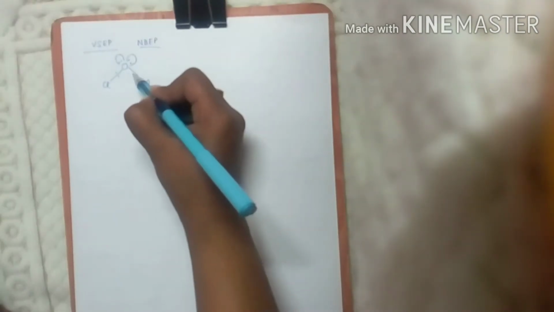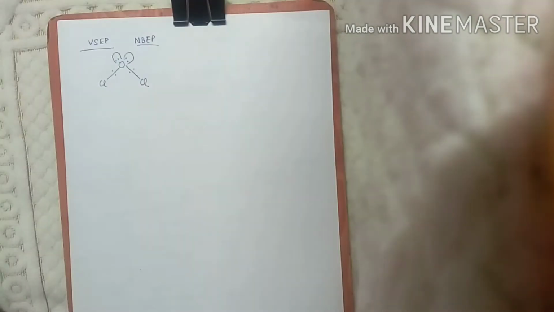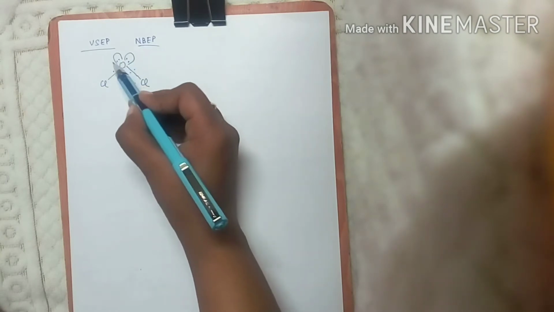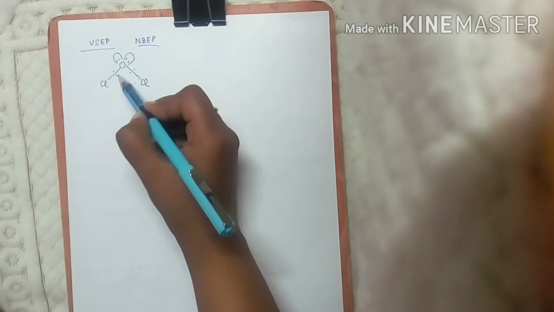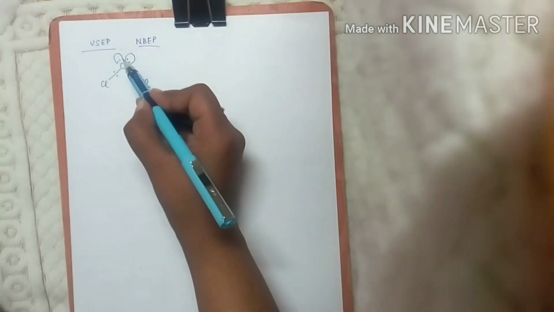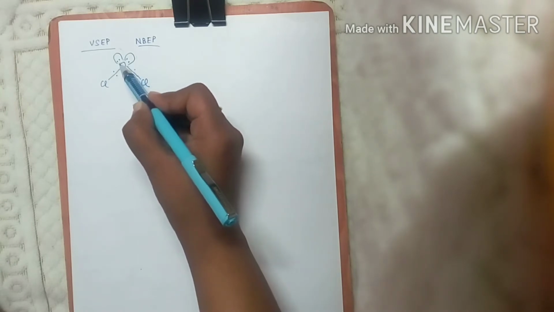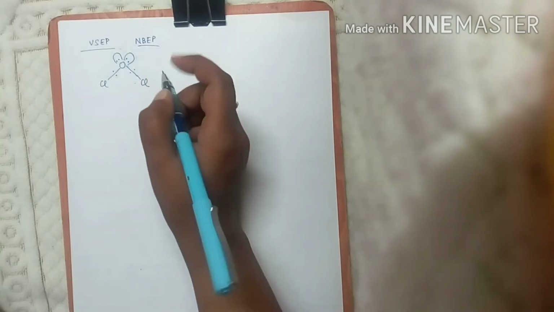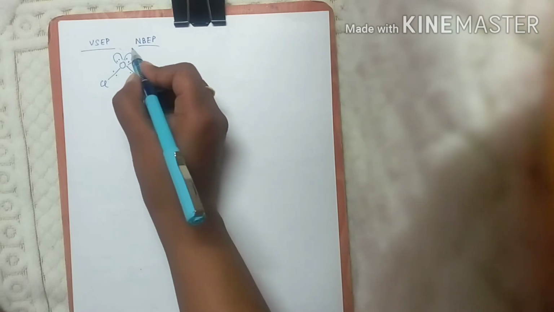One bond will contain two electrons like this, two lone pairs and two bond pairs. So these lone pairs and these bond pairs which are attached to the central atom are known as valence shell electron pairs.